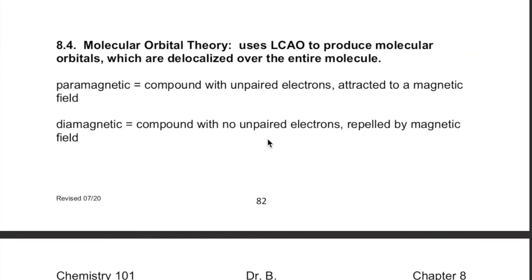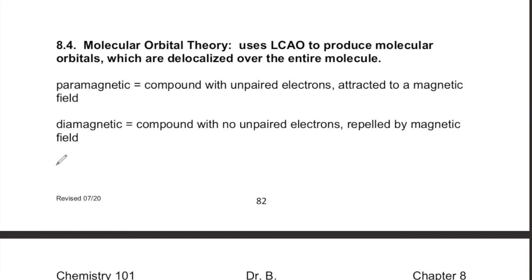All right, it seems like every time we come up with some sort of theory of bonding, there's something wrong with it, and we have to come up with a better theory to explain things. Molecular orbital theory is trying to explain a phenomenon that we see for oxygen gas, or even more specifically, liquid oxygen.